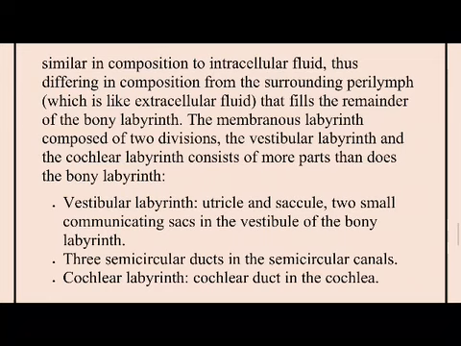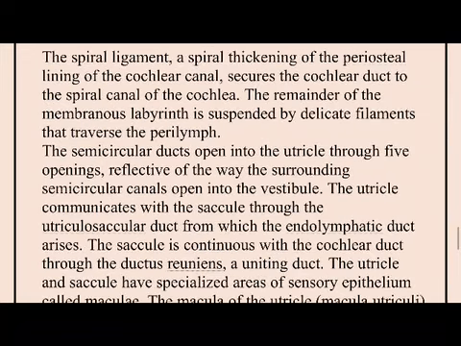You have 3 semicircular ducts in the semicircular canals, and you have the cochlear labyrinth that contains the cochlear duct in the cochlea. There is a spiral ligament. The spiral ligament is a spiral thickening of the periosteum that lines the cochlear canal.